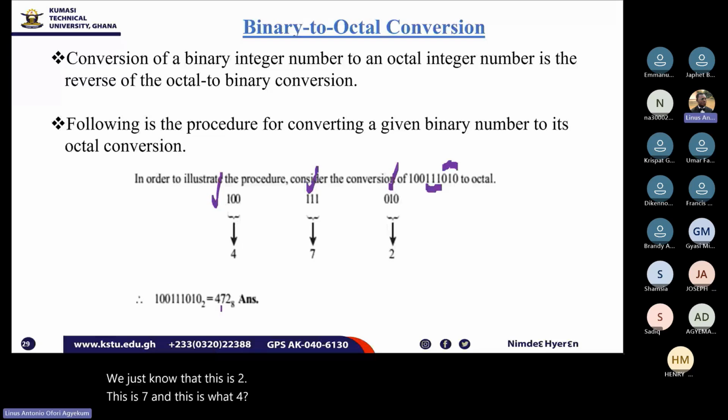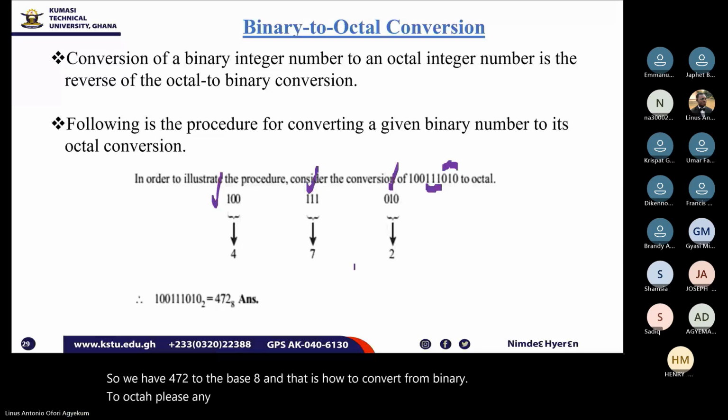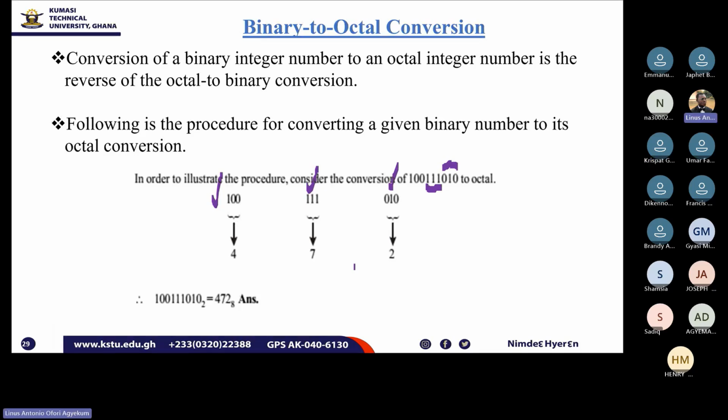Please, any question? Sir, please, can you go back to the table? I just want to take a screenshot. You want me to go over it? No, not to go over, please go back to the 3-bit table.